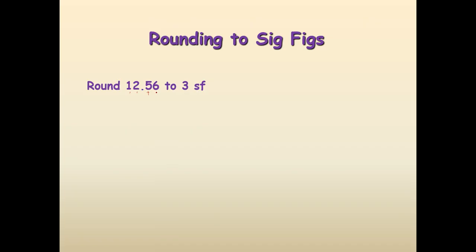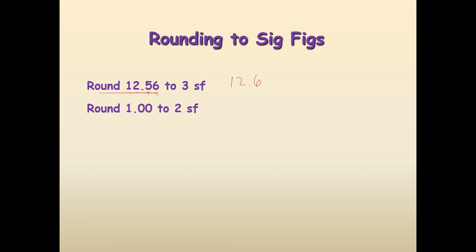I'm going to look to the right: 5 or above, give it a shove. In this situation, because it is 5 or above, I would bump that 5 up to a 6, and get 12.6.